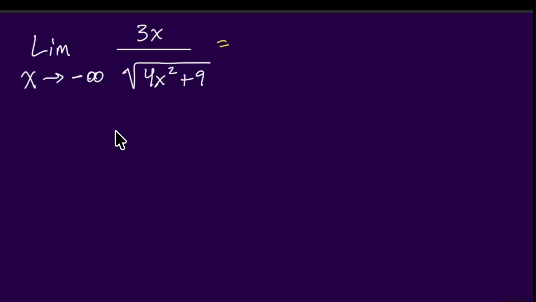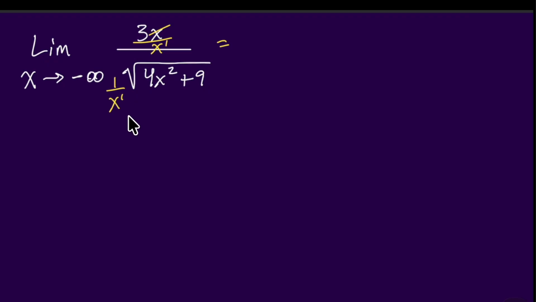But here, like with any rational function, we're going to divide top and bottom by the highest degree in the denominator. Now, the highest degree in the denominator is not x squared because that's inside the radical. So rather, we're going to be dividing by x to the first, which is the same thing as multiplying by 1 over x to the first.